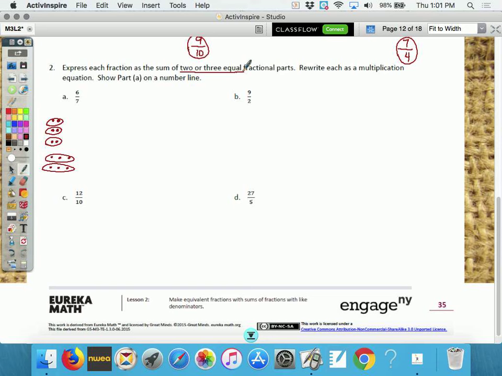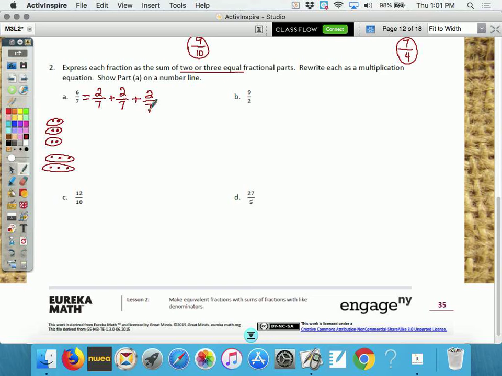Now let's all choose the top one, okay? So for 6, I'm going to add 2 plus 2 plus 2. Notice I'm ignoring the denominator right now. It's not important. It doesn't change, and we're just repeating the top number for now.